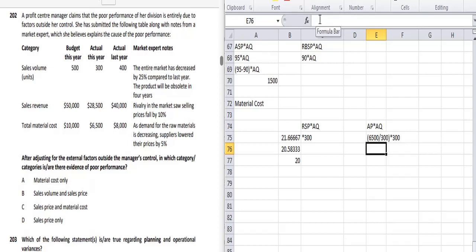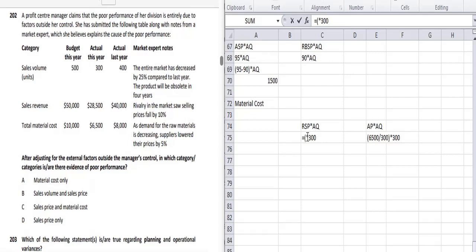Coming back to the revised selling price, first of all, what is our price for the material? Actually, I'm getting confused with the word.